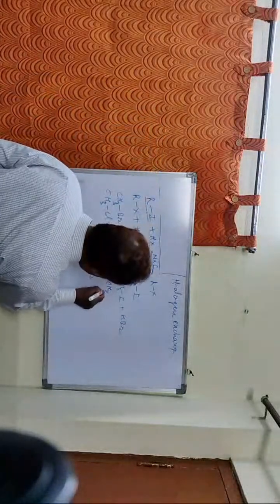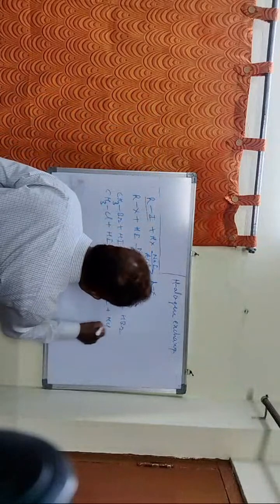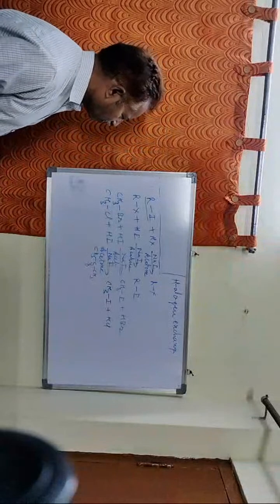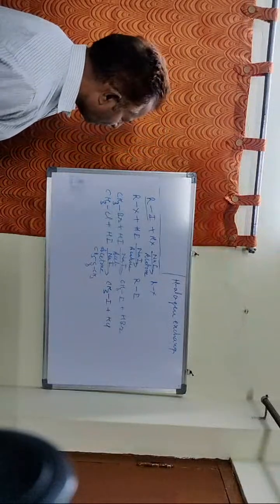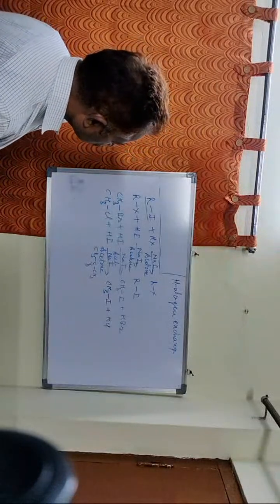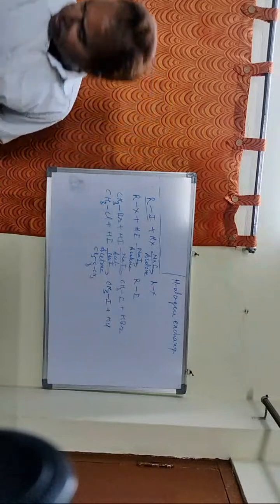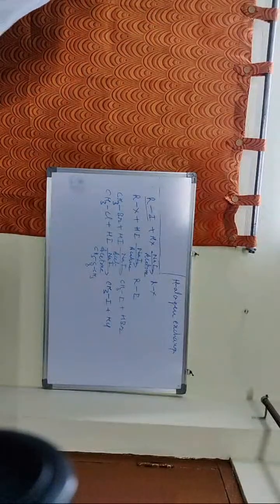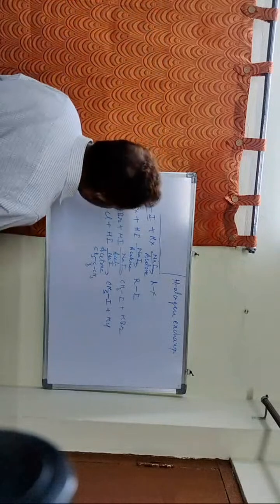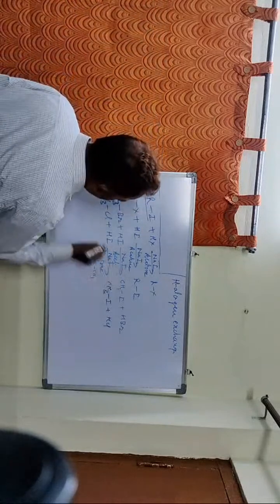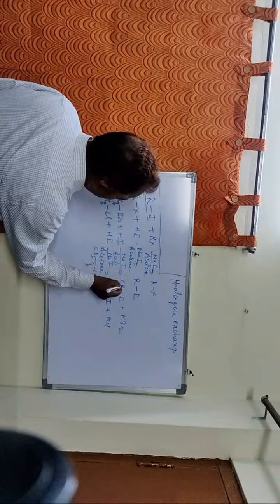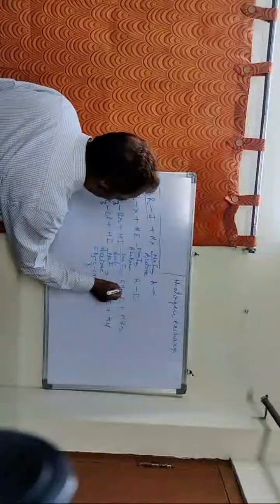Therefore here this is the reaction medium. What do we get here? CH3I plus HCl. So this halogen exchange takes place when alkyl halides are reacted with sodium iodide, hydrogen iodide in the presence of sodium iodide and acetone, we get methyl iodide.